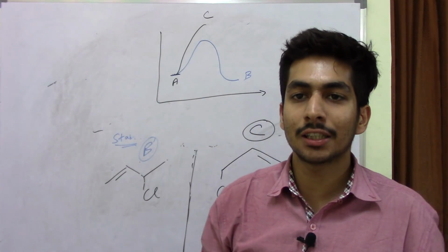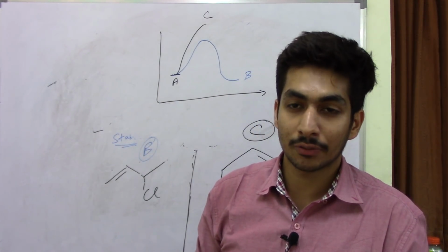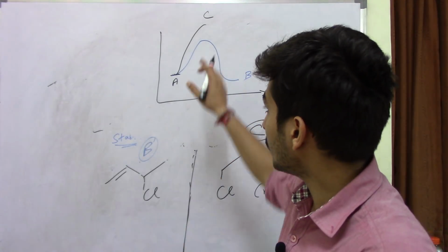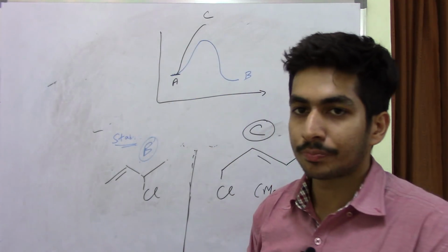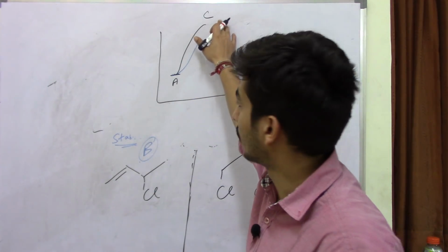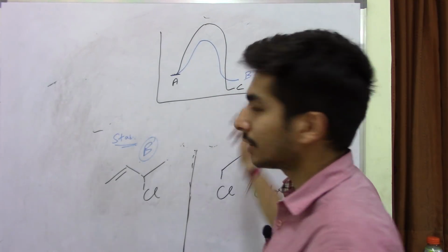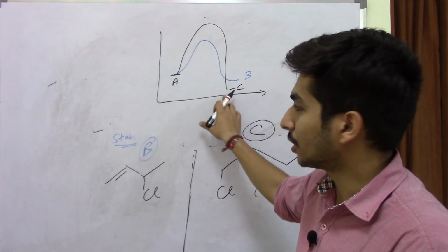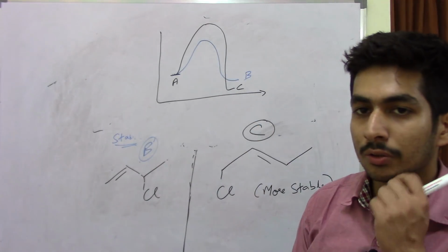Because the transition state was a primary carbocation with resonance, because of which the energy of the transition state for product C will be higher, but product C is more stable, as compared to product B, because it is of lower energy, right? So now you can see this is the diagram that we have drawn.